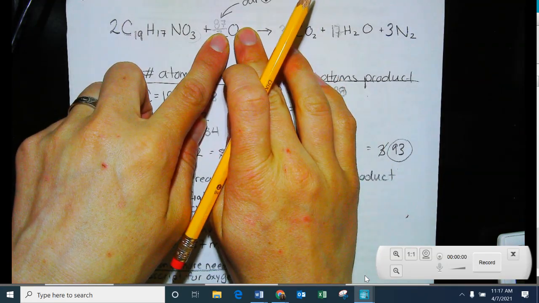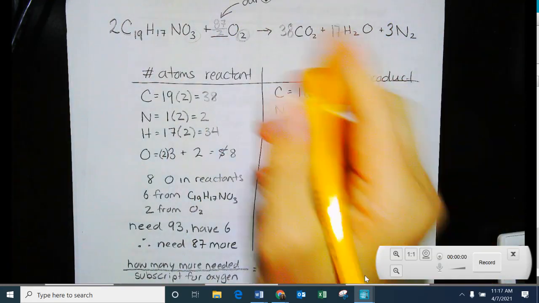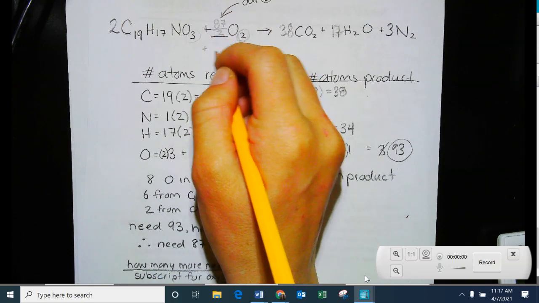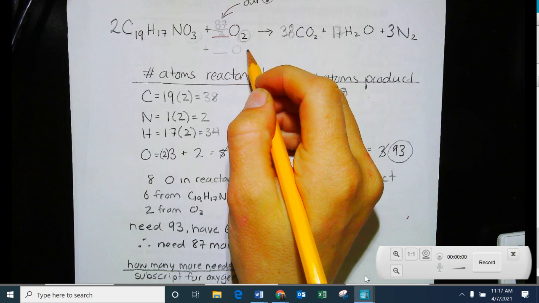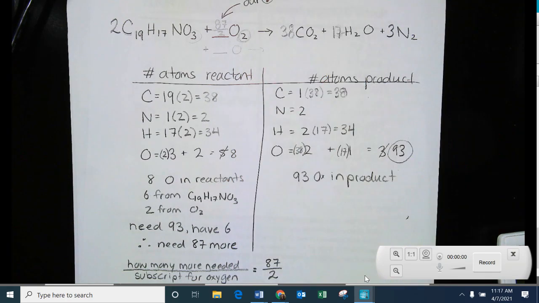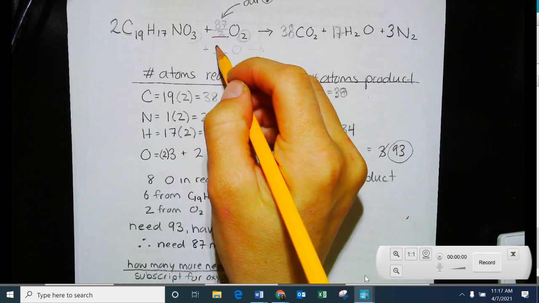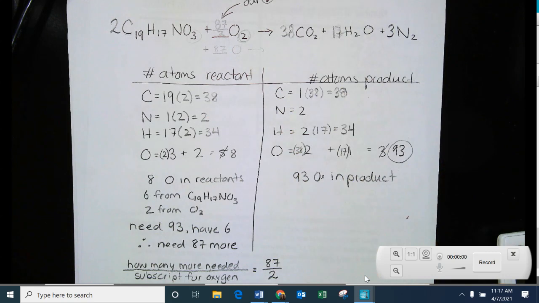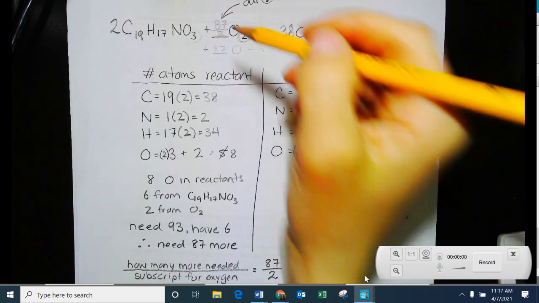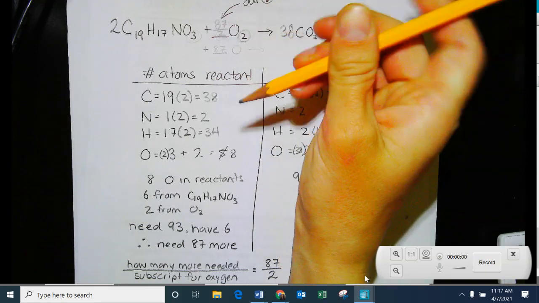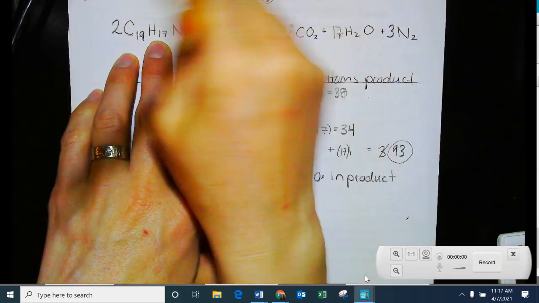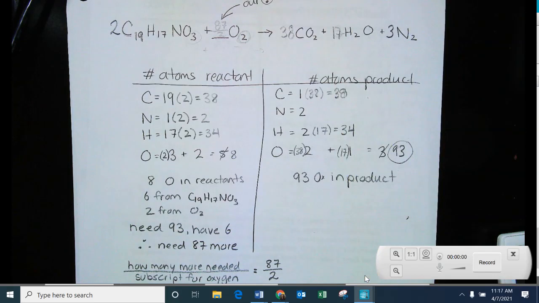Like if we just kind of visualize this as if this was just plus some number of oxygen without a 2, and then it went to all of this, we would just need to put 87 in, right? But because it's O2, we need to put over 2 to account for that. So that's where we get that fraction from.